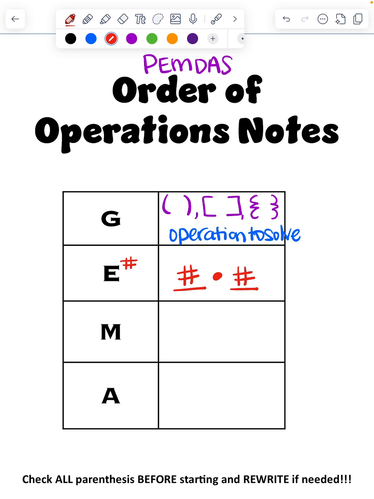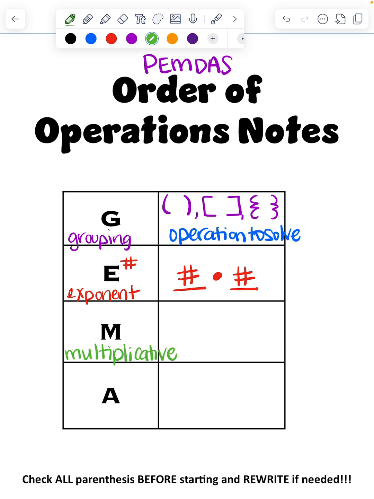And then M stands for multiplicative. So again, we have our groupings, G. I'll write it grouping. And we have our exponent, E. And then M is going to stand for multiplicative. Multiplicative just means any relationship that is multiplying or dividing.